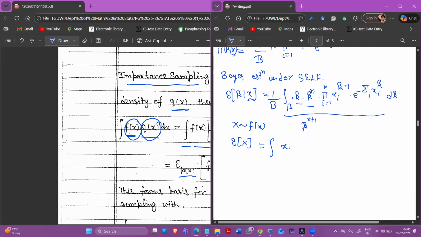Integral x into fx dx. What is the expectation of gx? Integral gx into fx dx. That is the expectation formula. Yes or no?